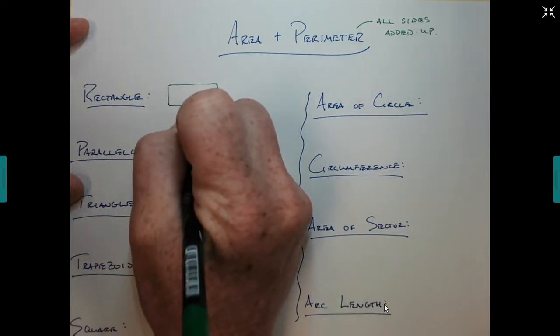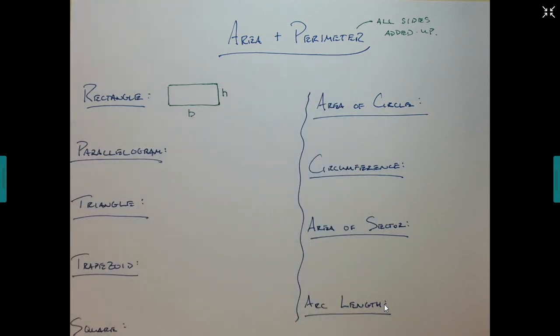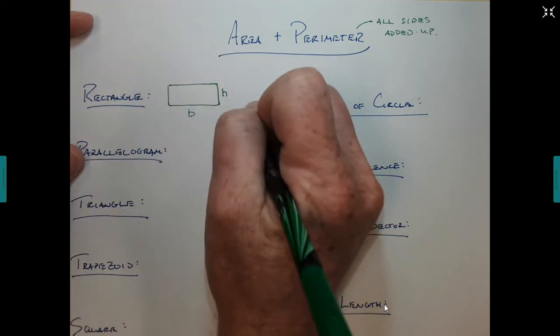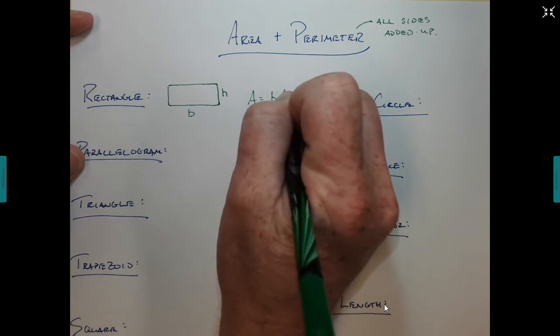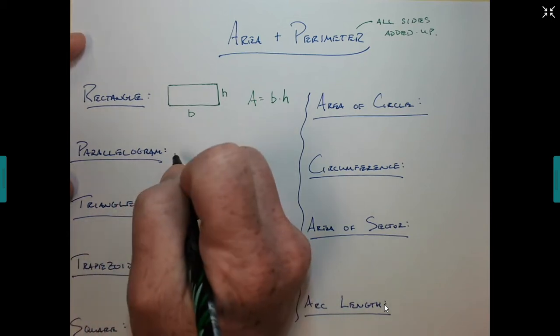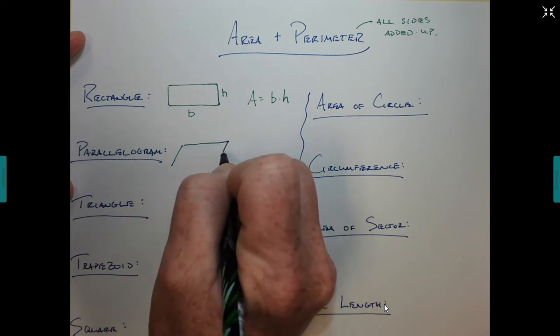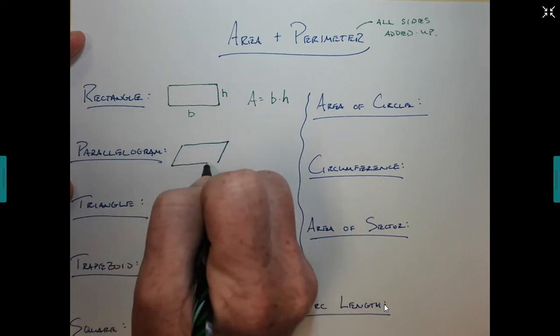The rest of these, area. Hopefully you remember area of a rectangle. Some people say length times width. A lot of times we're going to use base and height because some of these formulas build upon the other shapes, like a parallelogram. A parallelogram is kind of like a rectangle that is leaning to the side.